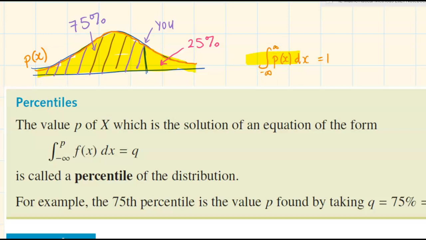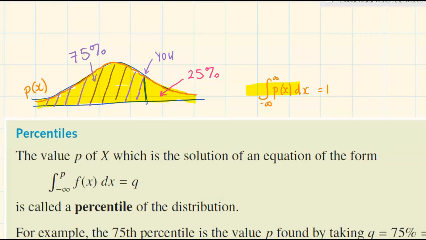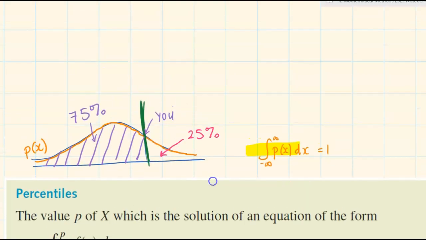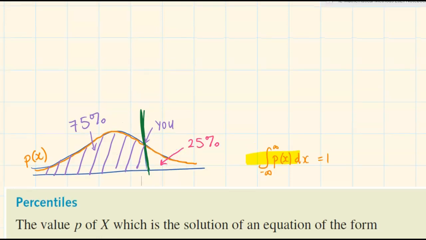So if I was interested in finding, well, what result do I need to get to if I want to find out 75th percentile, how could I do that? I want to find out, I know I'm the 75th percentile. I need to find out what my result is to get me to that 75th percentile. What do you think we could do?